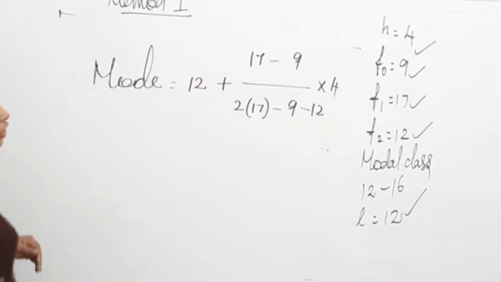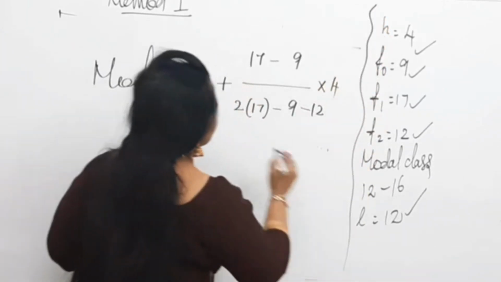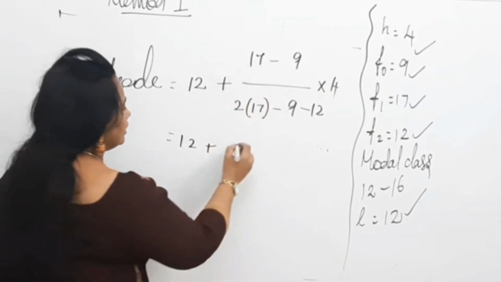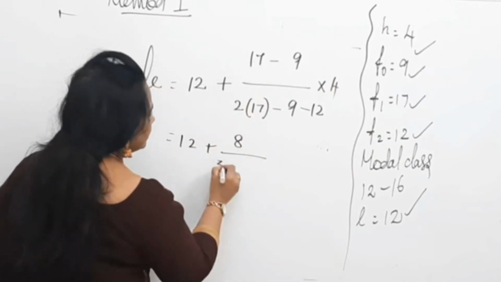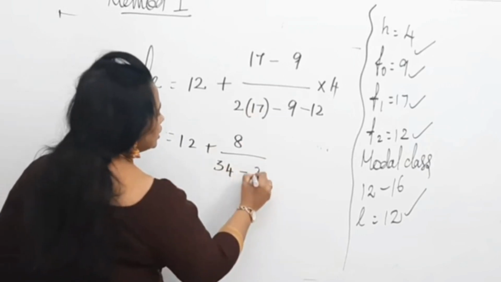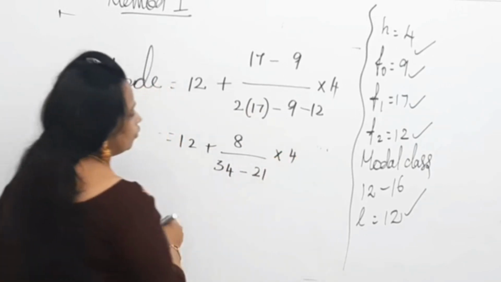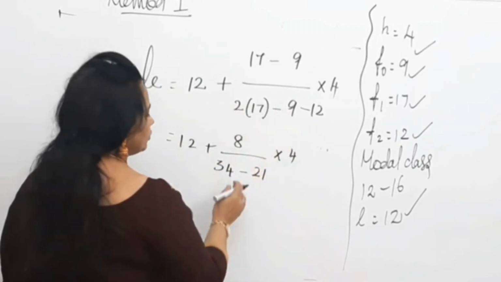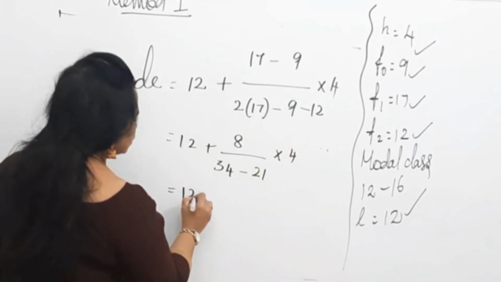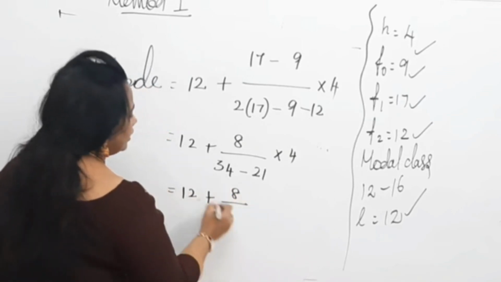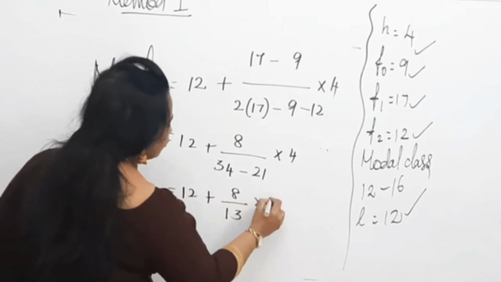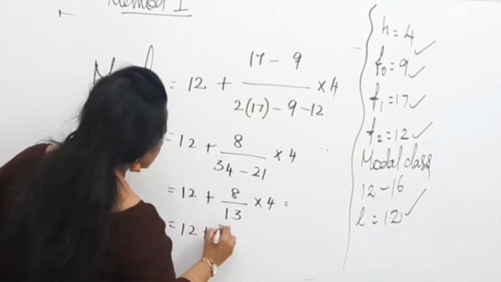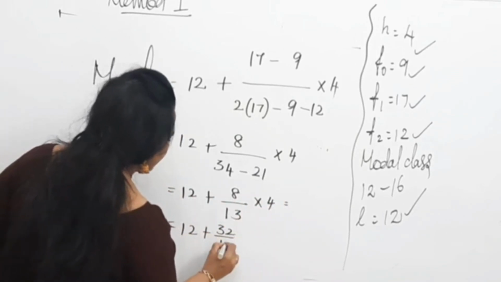So I substitute these values. That's equal to 12 plus (17 minus 9, which is 8) divided by (34 minus 21), into 4. That is 12 plus 8 by 13 into 4, which I can write as 12 plus 32 divided by 13, since 8 fours are 32.